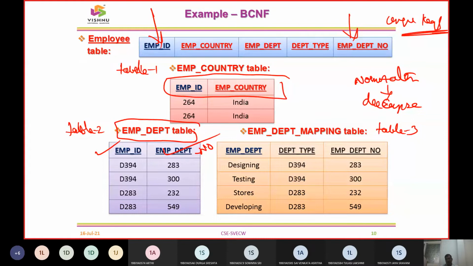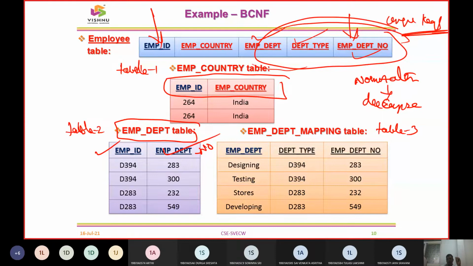And next comes the table 3 item. In this table 3 item, whichever is appropriate for the department, we have employee department type and department number. All these three are going to relate to only a specific department.